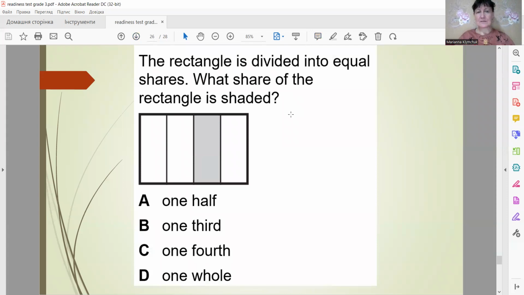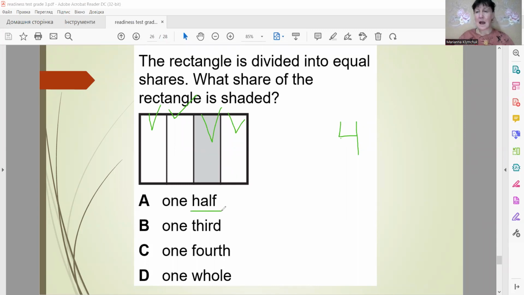Okay, and this is our last task. The rectangle is divided into equal shares. So first of all, let us discuss how many equal shares we have here. Let us count. 1, 2, 3, 4. We have 4 equal shares. And the question is, what share of the rectangle is shaded? Is it 1/2?